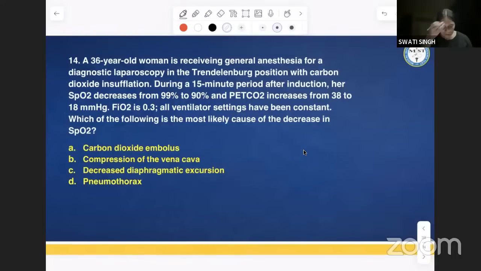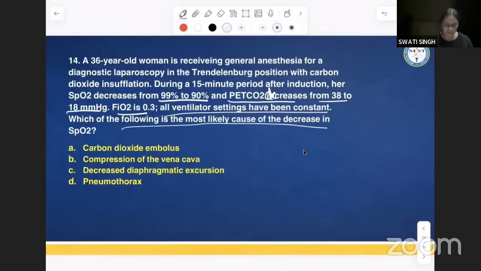During a 15 minute period after induction, her SpO2 decreased from 99 to 90%. EtCO2 decreases from 38 to 18. FiO2 is 0.3. All the ventilator settings have been constant. Which of the following is the most likely cause of decrease in SpO2?